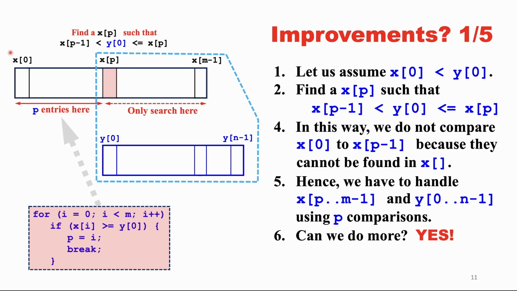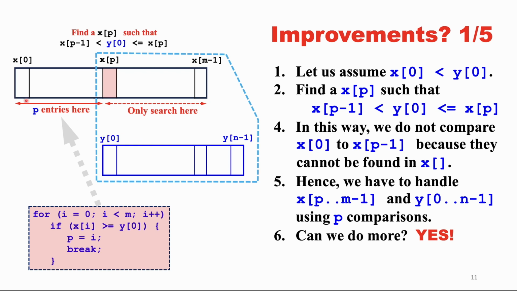In this case, we know from x0 to xp minus 1, these elements cannot be in the array Y. That is, we find an element xp, which is the first element in X that is larger than or equal to y0. Because y0 is the smallest in Y, x0 to xp minus 1 cannot be in Y.